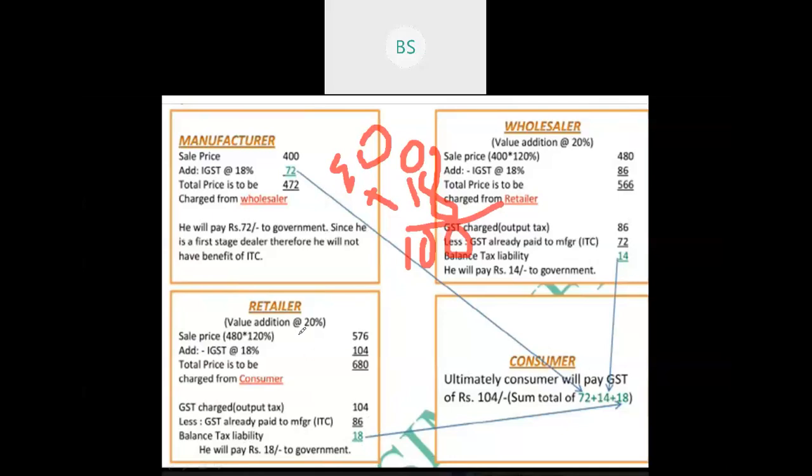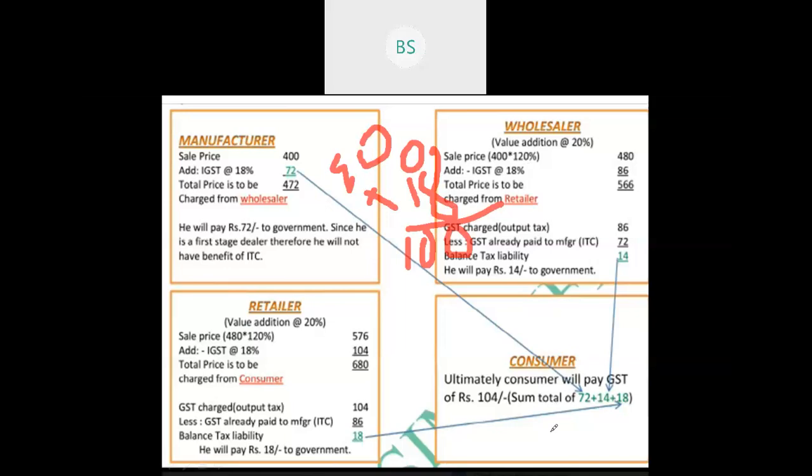So here the retailer and wholesaler can get the benefit of ITC. And the consumer is the end user, so the whole burden will come on the consumer. Ultimately the consumer will pay GST of 104 rupees, that is 72 plus 14 rupees, whatever the wholesaler paid, plus 18 rupees.